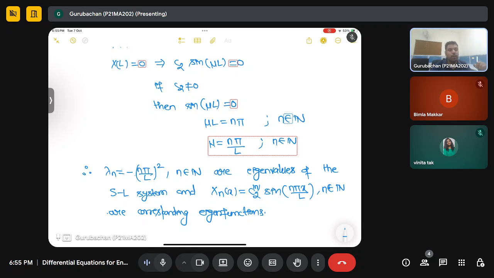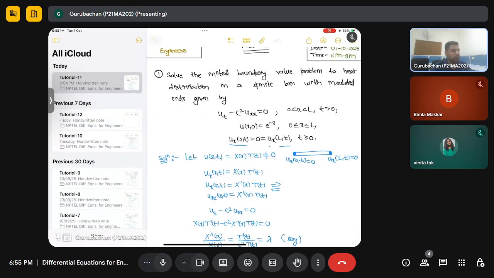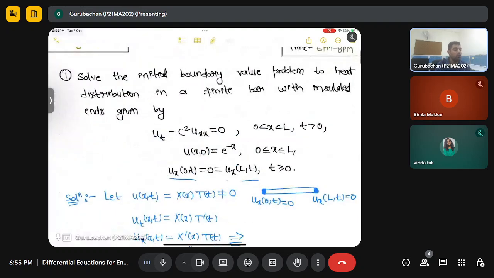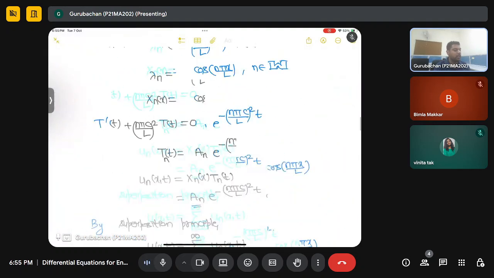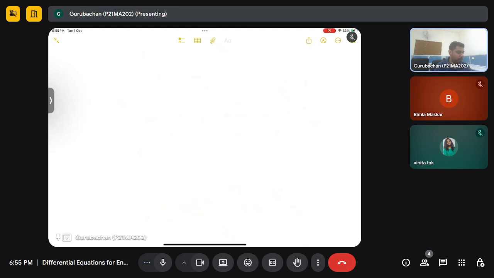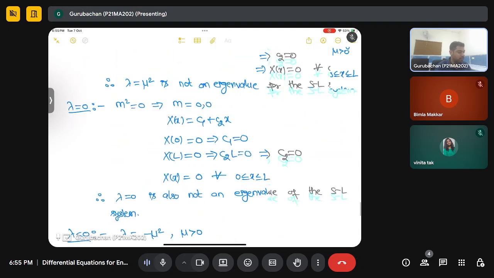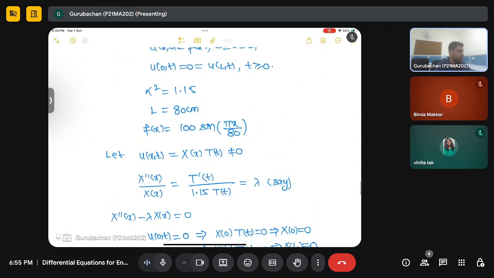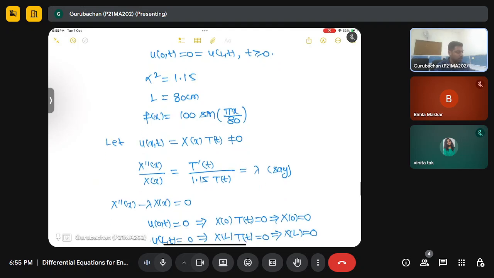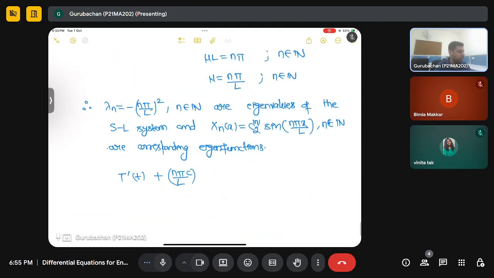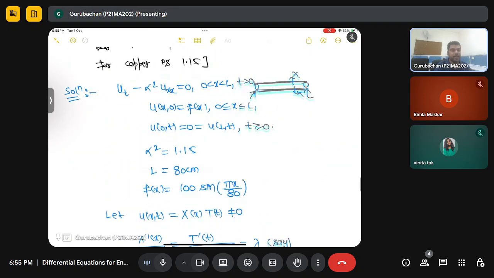Corresponding to these eigenvalues and eigenfunctions, what we are targeting to find out is u n of x, t. Before that, you have to find out T dash of t. So what will be that? T dash of t is minus lambda, here lambda is minus (n pi by L) square, into some c. Here alpha square is given as 1.15, and we have also been given L as 80.